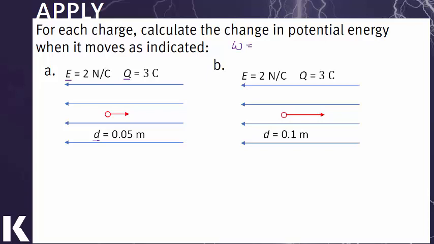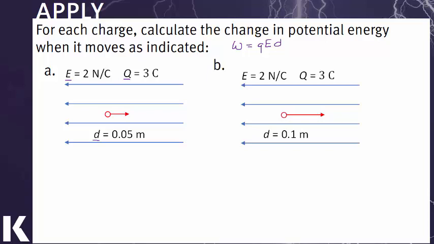And remember, if we're dealing with electrostatics, the electrostatic force is equal to the charge multiplied by the strength of the electric field, and then also multiplied by the distance. The orientation between our direction of motion and our force will tell us if we are increasing or decreasing in potential energy.